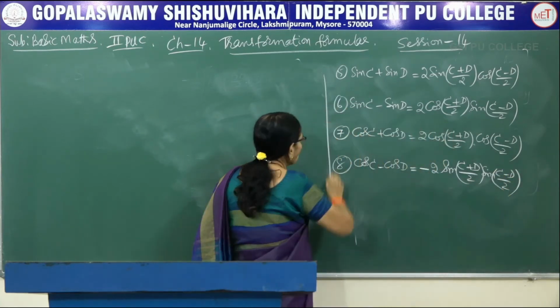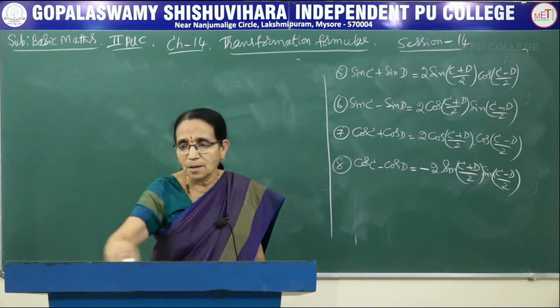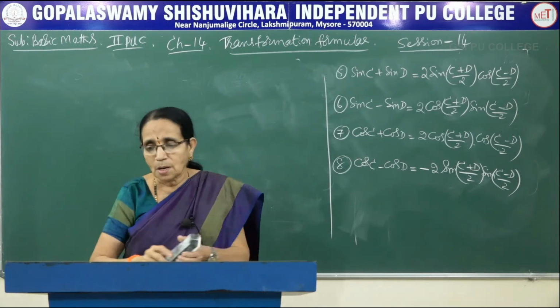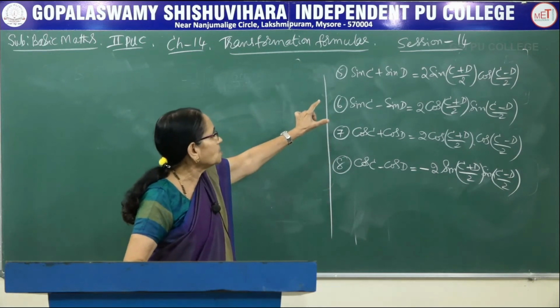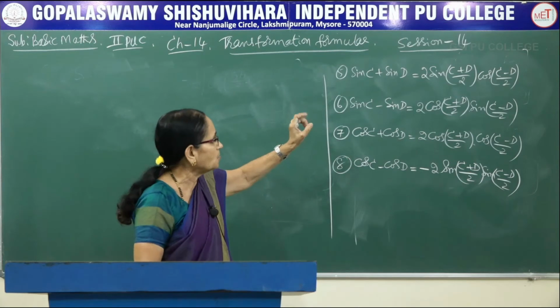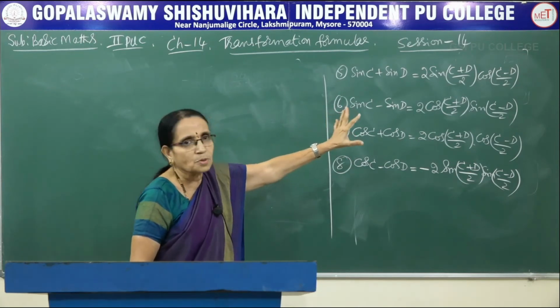So, these 4 formulae give us the sum or the difference in terms of the product. You observe here, the same hint you can remember. It is sin C plus sin D. We are adding 2 sin functions. It's a mixed product. Sin comes first, cos comes afterwards.